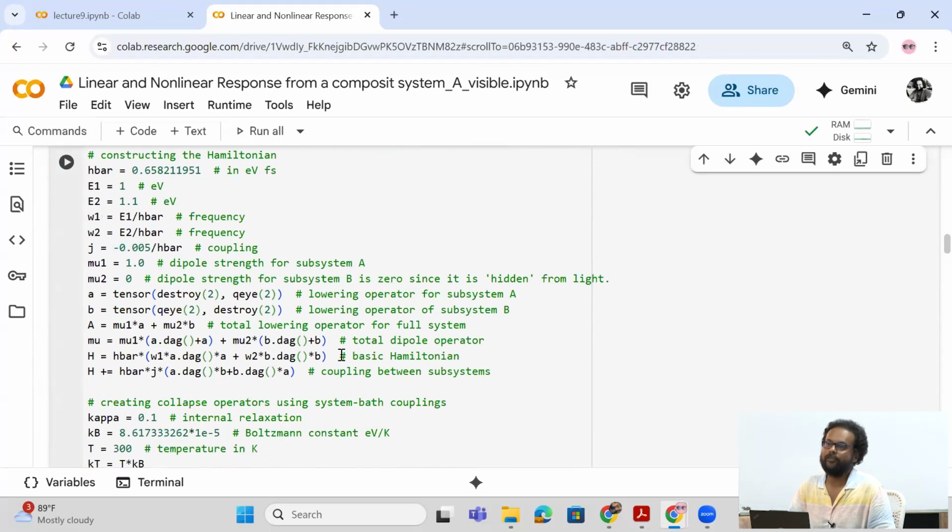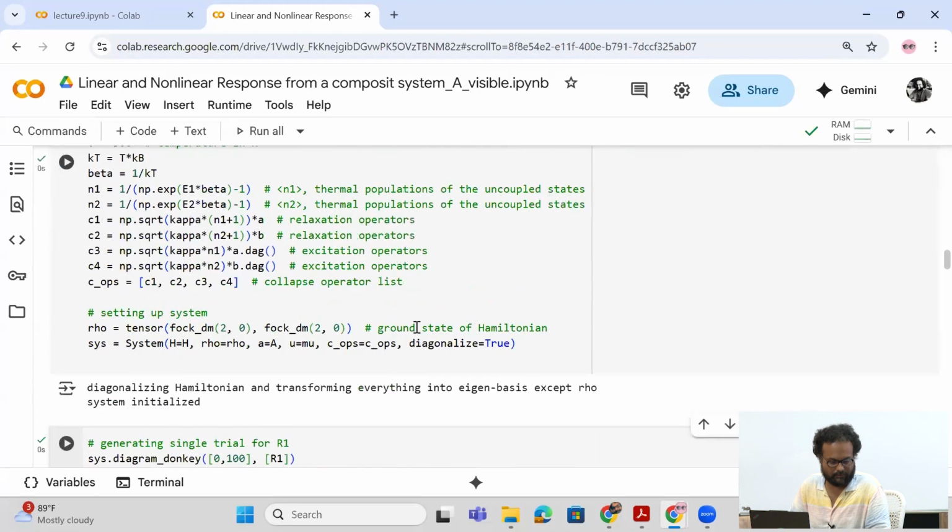If I do it very small, I would expect to see maybe one state, because the other one is not coupling, is not going to see light. And also I will see a shift in the frequency, because I'll see it at around 1 electron volt where it's supposed to appear. So let's run this.